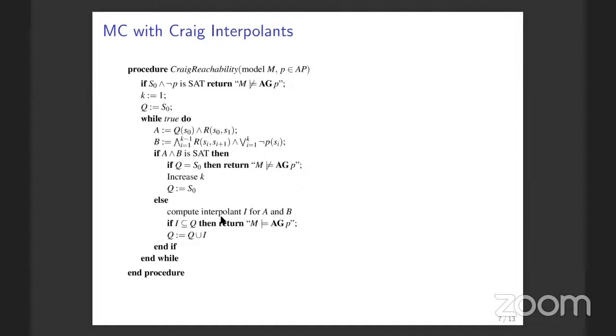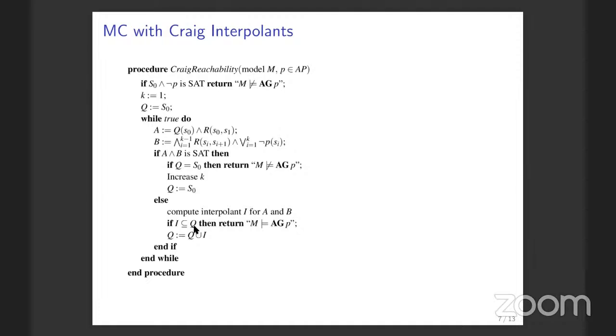Then you compute the interpolant. I here is the interpolant of A and B, where the initial state is S0. If I do this immediately after K equal to 1, I'm computing a one-safe interpolant, but you can do this after some K also. Then I check if that interpolant itself is contained inside my initial state.